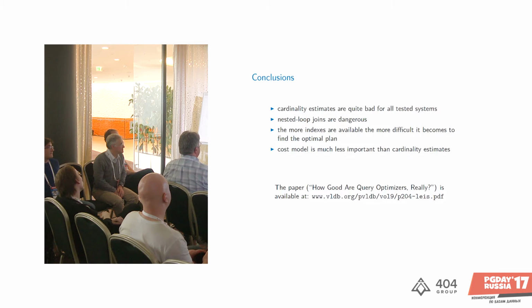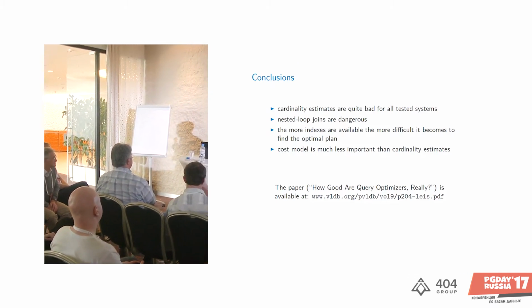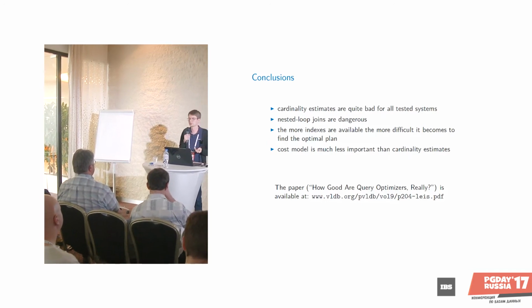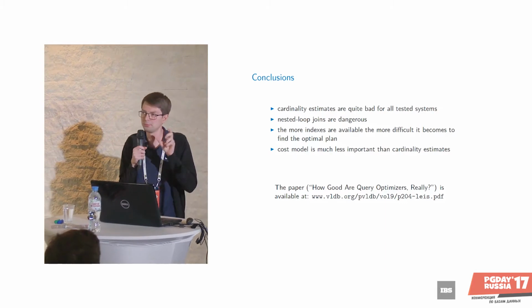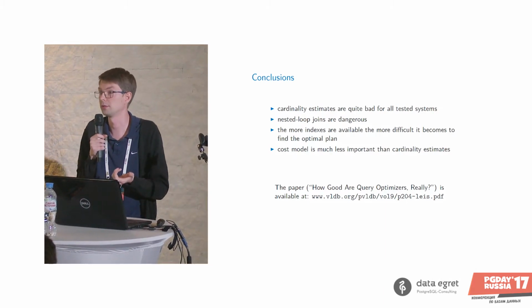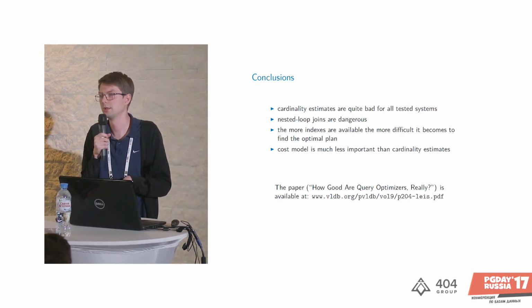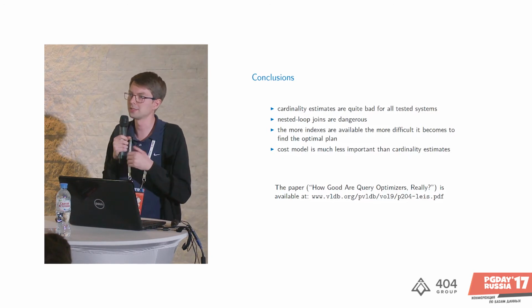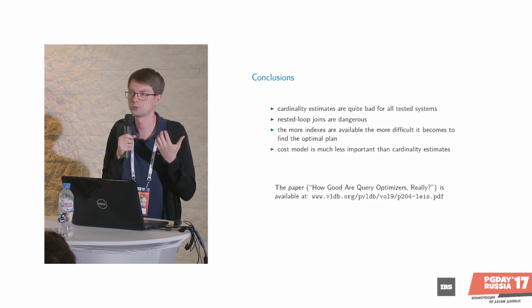A lot of people believe in multidimensional histograms. I'm not sure they will solve this. I don't think they will. They make things a little bit better, but they also make things more complicated, because somebody has to decide on which columns you build these multidimensional histograms. So my answer is kind of negative. I think there is no good general purpose solution that you can just implement in PostGIS and everything's much better.